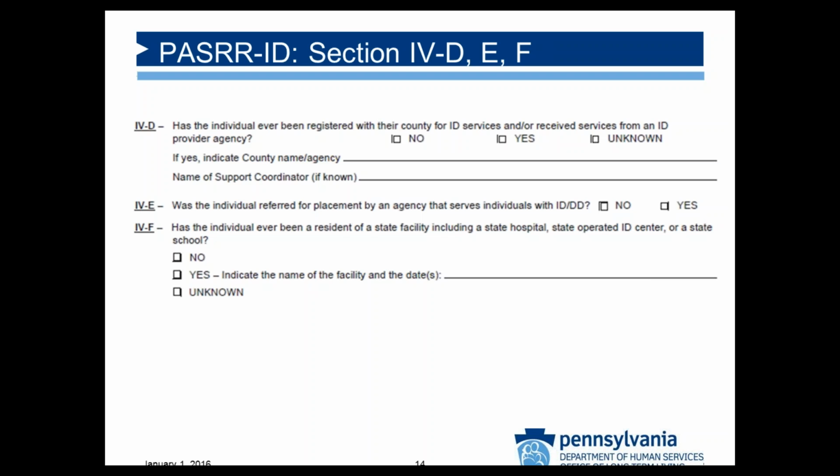And then, has the individual ever been a resident of a state facility, state hospital, state-operated ID center, gone to a state school, or anything like that? We ask you to note that as well.